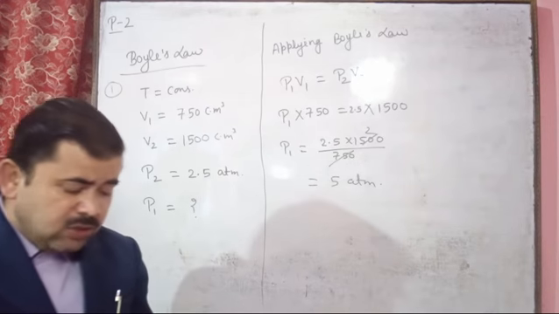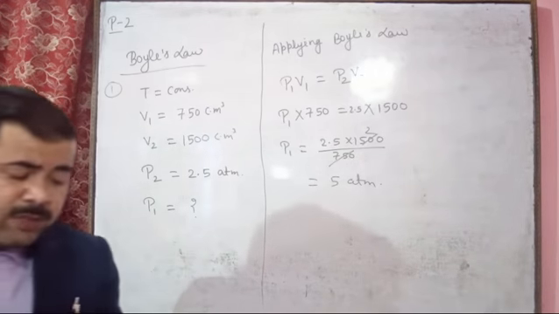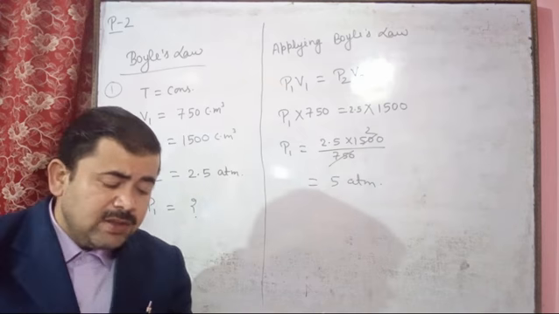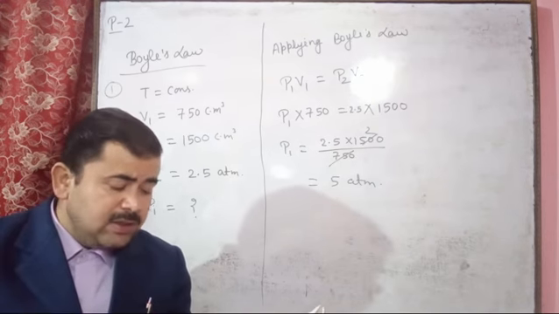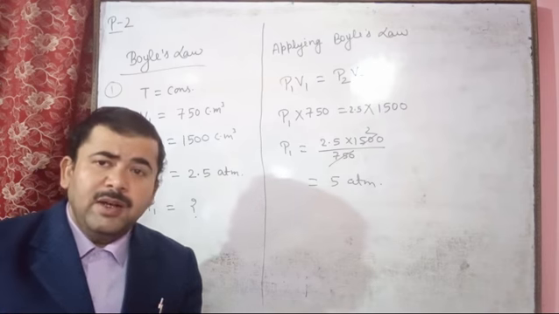In the third question, a certain volume of a gas was found to be at a pressure of 1200 mm of mercury when the pressure was decreased by 500 mm.